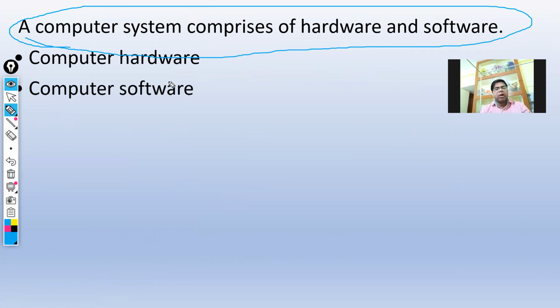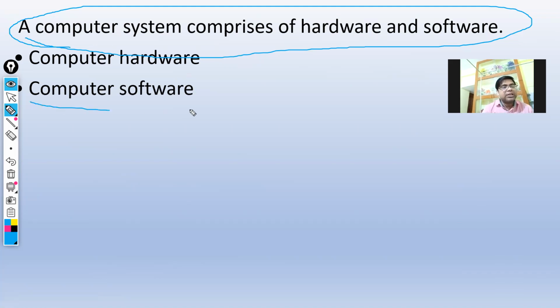You all know what hardware is: the physical parts of a computer such as input devices, output devices, central processing unit, and storage devices. All of that will be called hardware.